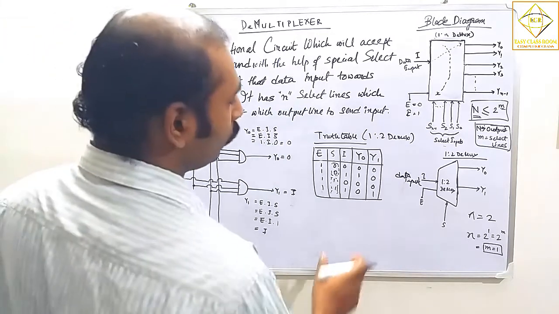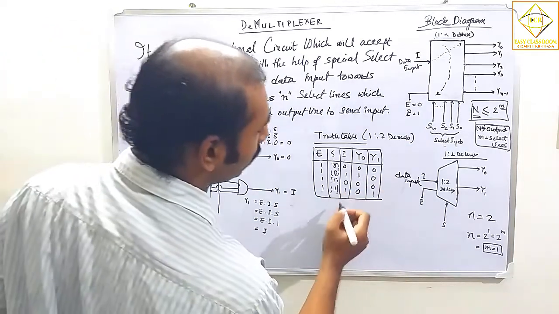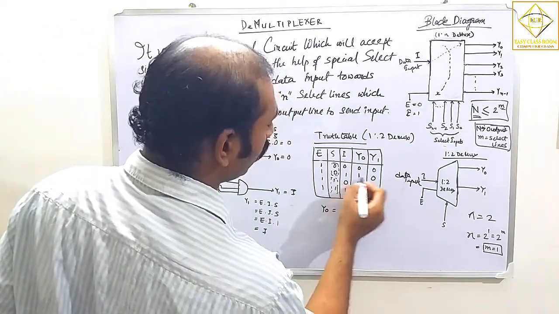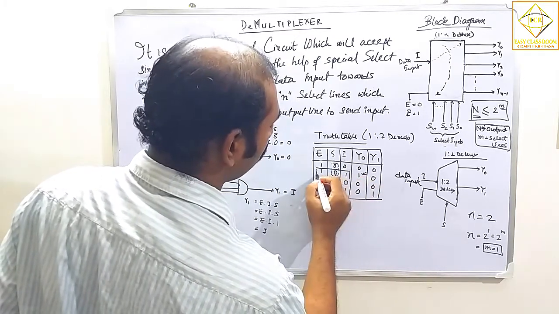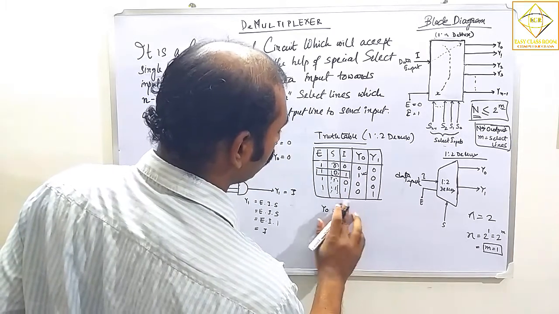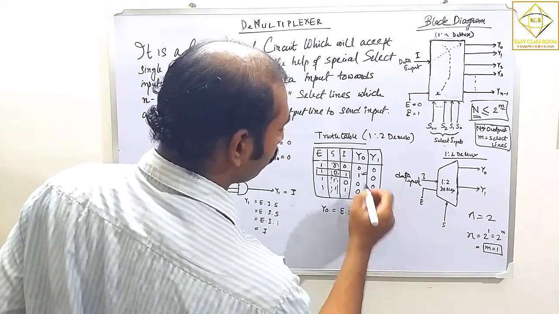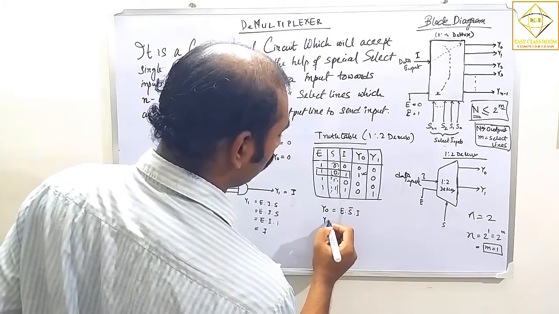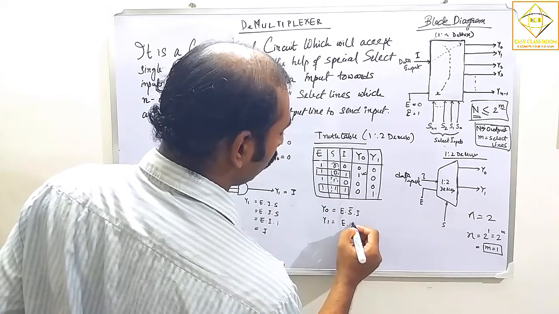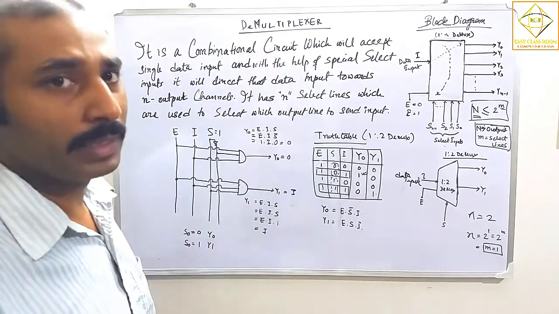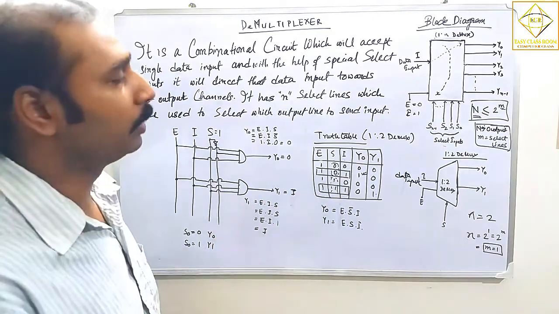So now what will come out of this circuit? What equation do we have? For Y0, we have this entire thing selected: E dot S bar dot I, and for Y1 we have this: E dot S dot I. This is how our demultiplexer works, and this is how our select inputs actually select which output to give out.